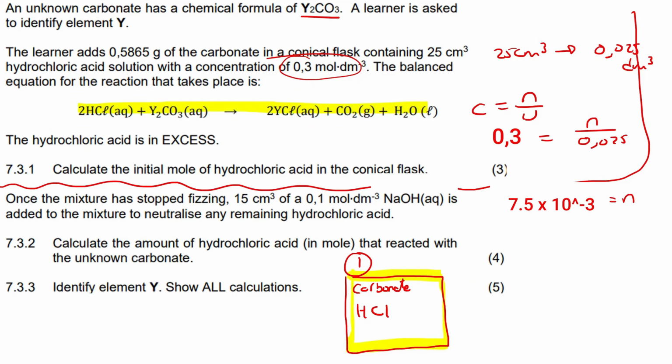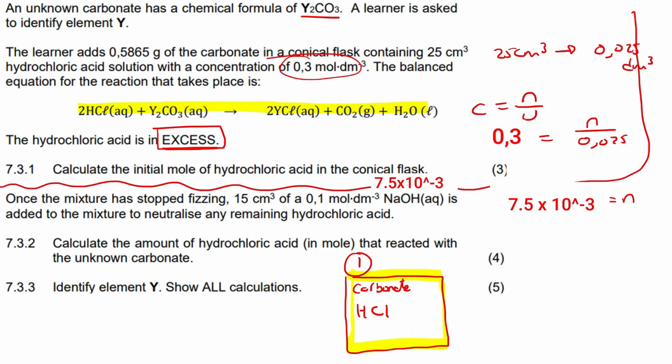However, they tell us that the hydrochloric acid is in excess. That means that there is too much. That means that when the reaction is finished, there's still going to be some hydrochloric acid left over. What we calculated in this first question was the total amount of moles of HCl that we have in this container in the beginning.